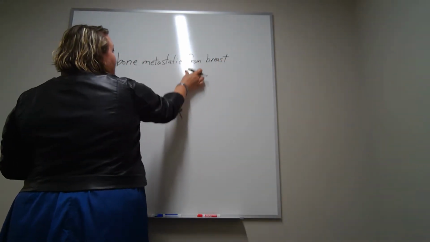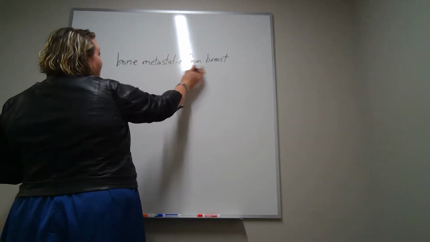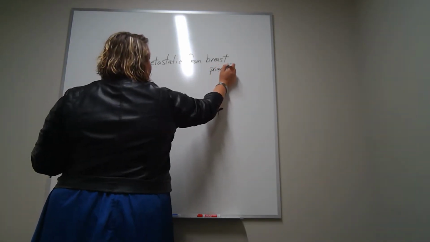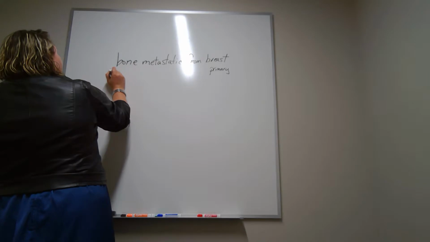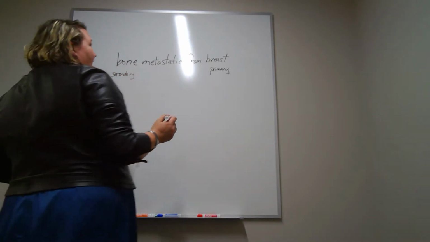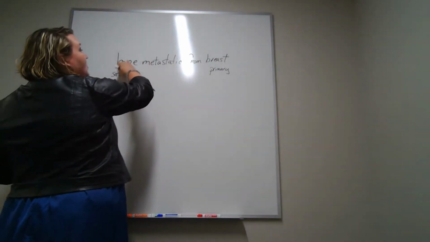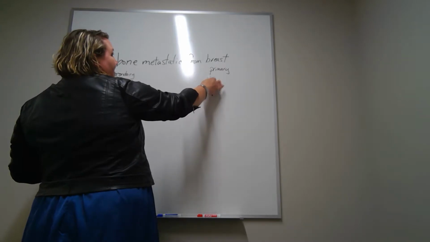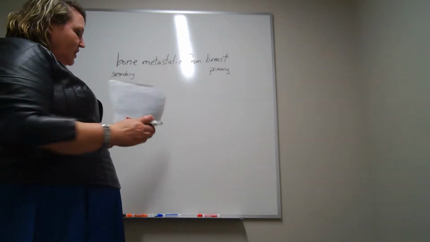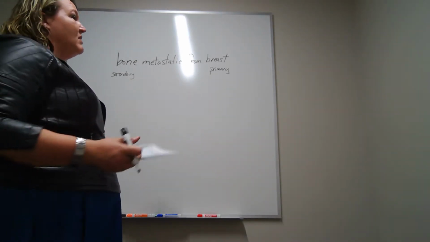This word from is very important because it means that this came from this. So this is your primary, this was the first spot. This is your secondary, this is your second spot. If it had been bone metastatic to breast, then the bone would be spreading to the breast. So the to and the from are very important that you read those and what they mean.